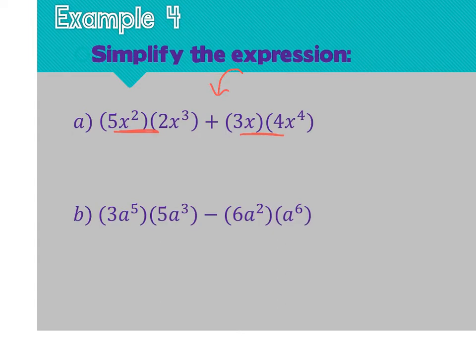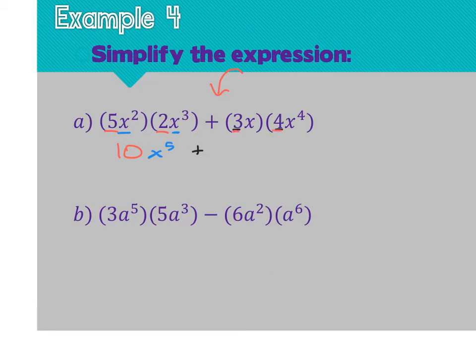So again, I am going to multiply my coefficients. So 5 times 2. And then I'm going to add the exponents on the x's. Then I can go ahead and do the other side of the plus sign. I'm going to multiply the coefficients.